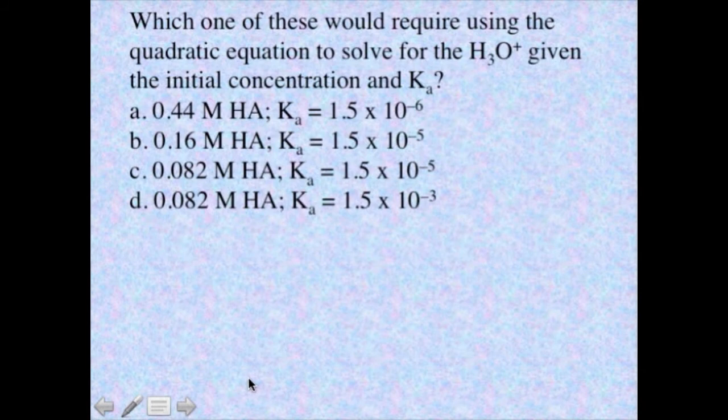Now, which one of these would require using the quadratic equation to solve for hydronium ion given the initial concentration and Ka? In other words, for each one of these, go through, calculate the concentration of hydronium ion, and do the test and see which one of these has an error that's too large to use the approximation.